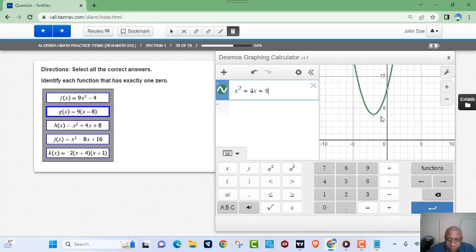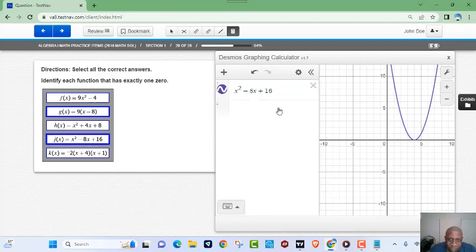That has no zeros. So that one's not it. Let's look at the next one. So we have x squared minus 8x plus 16. Oh, there's only 1 zero there.